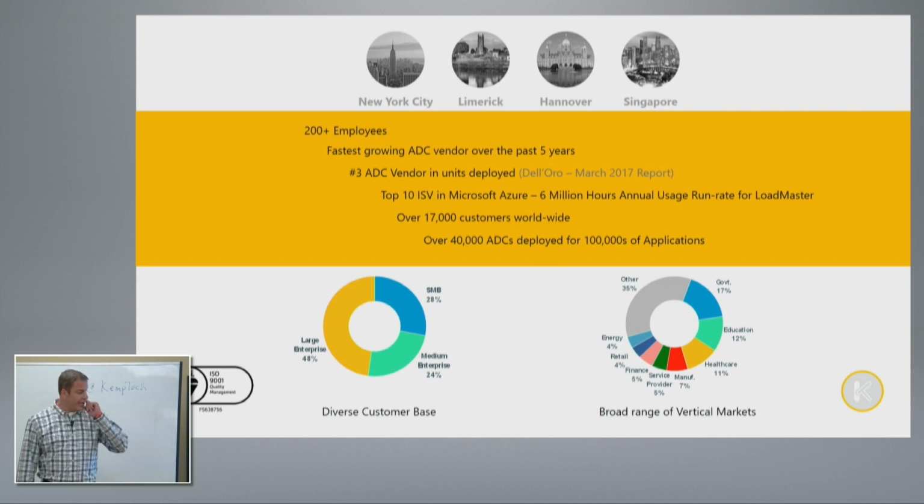If we just take a moment to look at our vertical markets, we're spread out a bit across them. We have a nice foot in government, education, as well as healthcare. And then looking at our customer base, going back to the last 5 years, that growth has really been in that yellow part of the pie here, the enterprise, right? We're getting much more into the enterprise as we're growing.